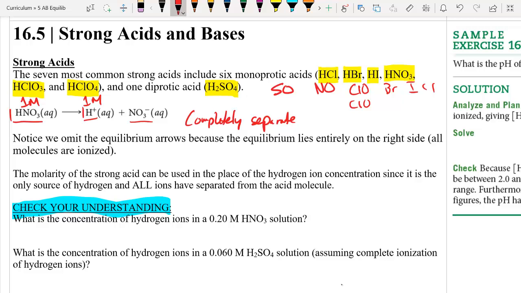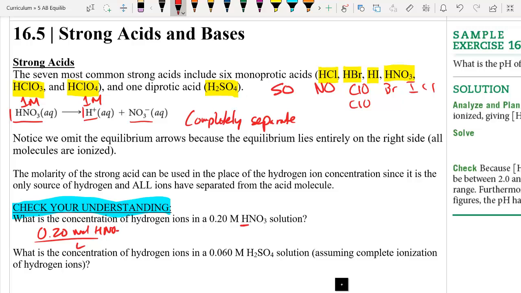Thought about this. Remember, as nitric acid breaks down, it's monoprotic. There's only one proton here. So that means that for every 1 nitric acid molecule, 1 hydrogen ion separates off. If we begin with 0.20 molar HNO3, we would say it must be 0.20 moles per liter of solution as the beginning.